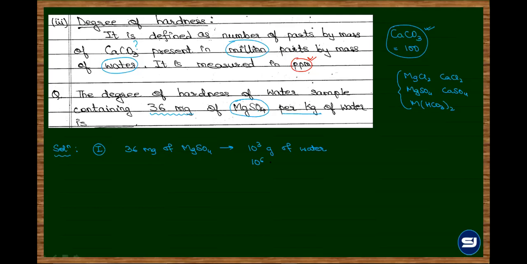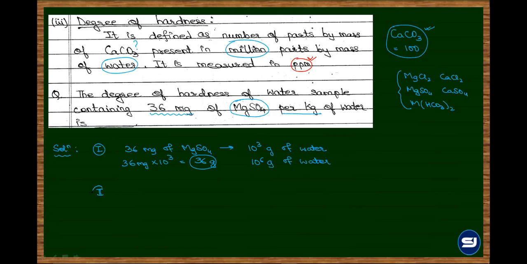So 10 raised to 6 gram of water would have 36 milligram into 10 raised to 3, which is equal to milli and 10 raised to 3, 36 grams. Cancels off, so 36 gram हो गया. तो सबसे पहले क्या किया? Whatever amount of the water is given, convert to million gram of water.